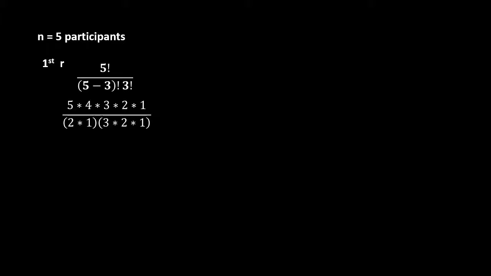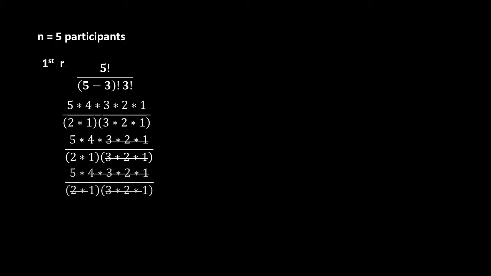Let's expand. Let's cancel the like numerical terms and the divisible ones, which in this case are 4 and 2. We're still left with the 2 at the numerator, don't forget that. And we're still left with 5 times 2, which means 10 ways. We have 10 ways for creating a group of 3 people from the 5 members.